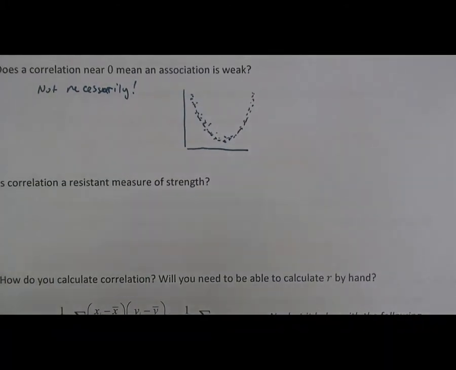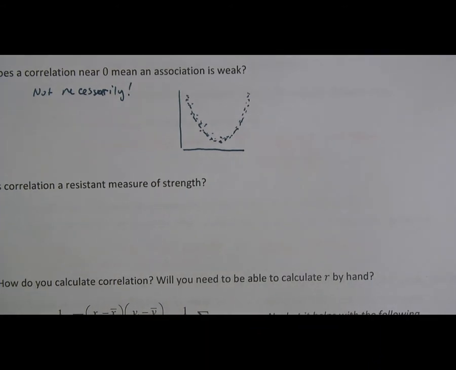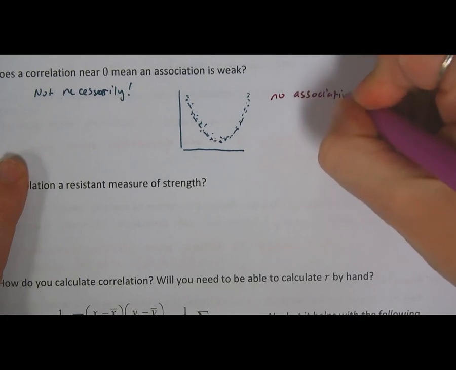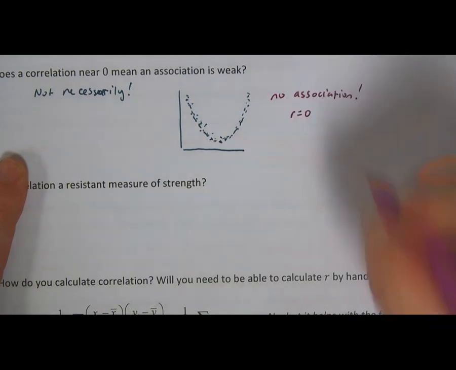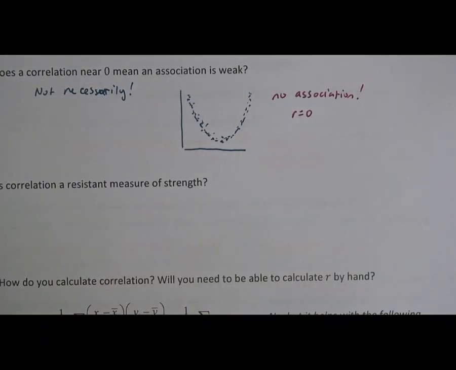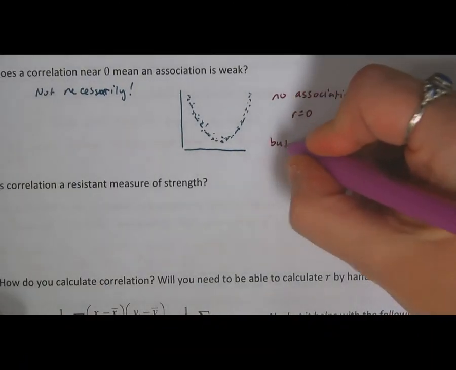And so this has no association at all, so R would equal 0, no association. R is equal to 0, but the converse isn't true.